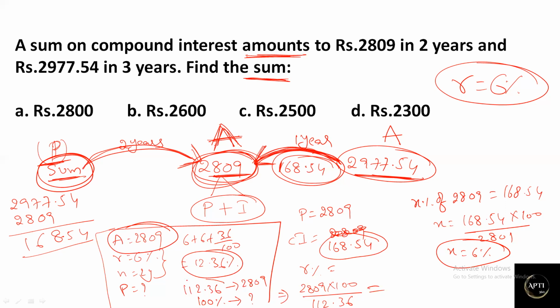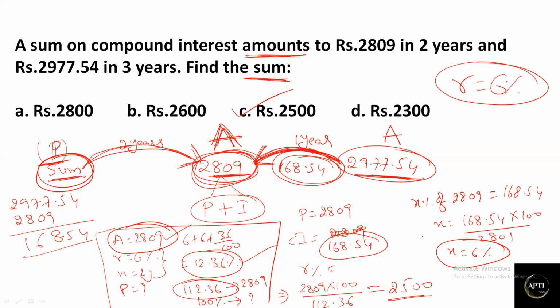Why is it 112.36? Because in this we have the total amount, which means 100% plus interest, principal plus interest. So the value that you will get if you calculate is 2500. So option C is correct.